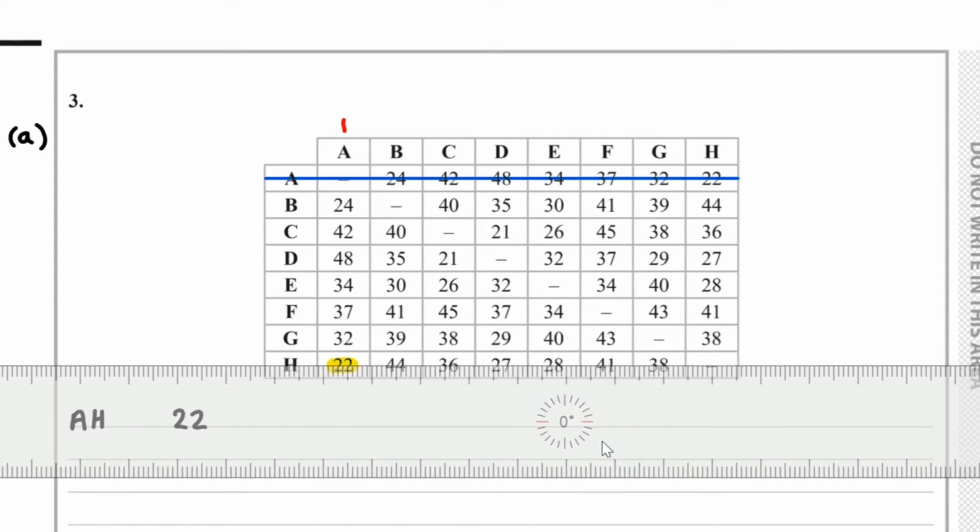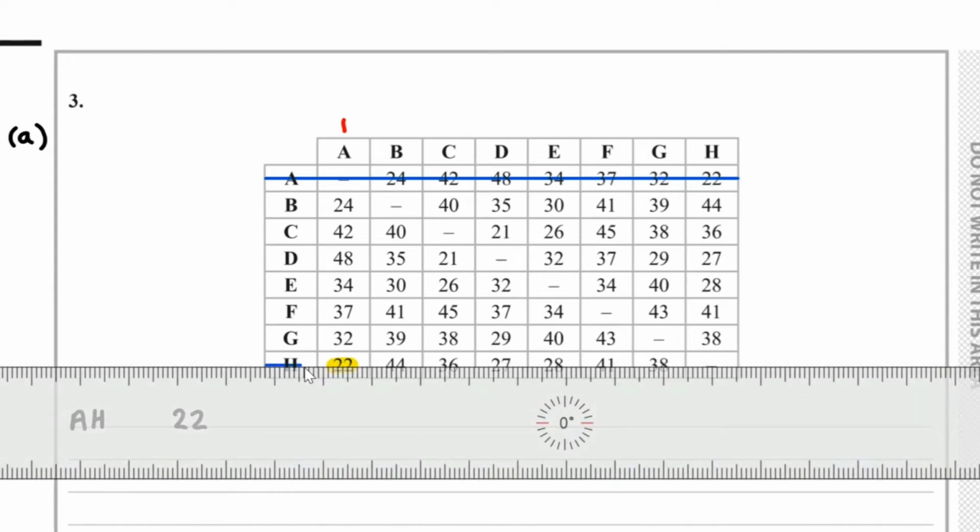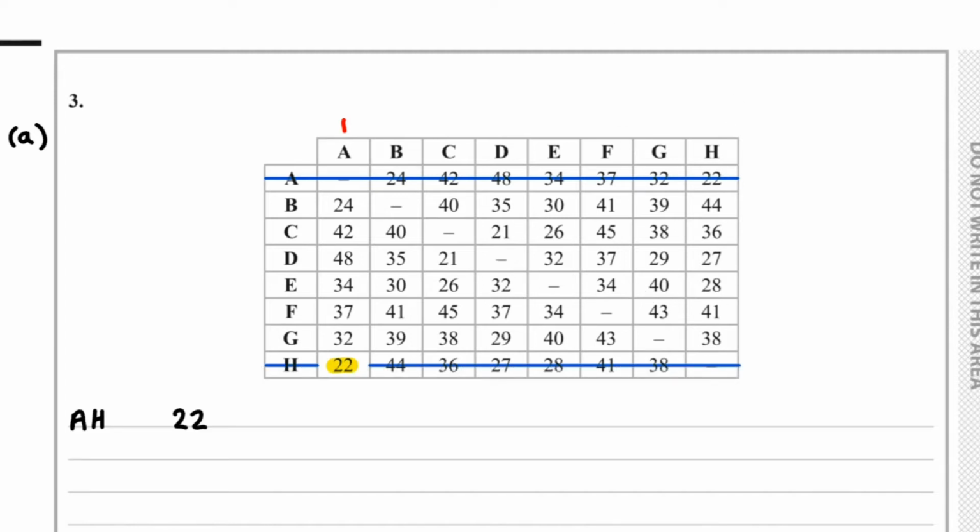We now delete row H, and then we write a number 2 above column H, and then we look for the smallest entry down A and H. That will correspond to this 24.